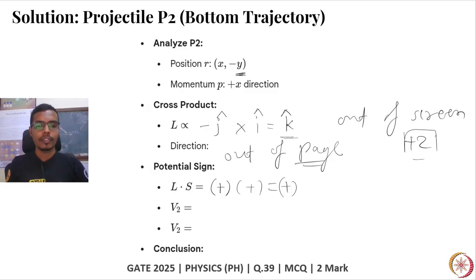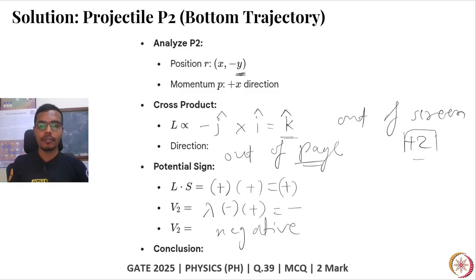Now substituting this into the formula for the potential, V equals lambda, which is negative, times a positive number, L dot S, gives us negative. So V2 is negative. A negative potential means the force is attractive, as we saw earlier.